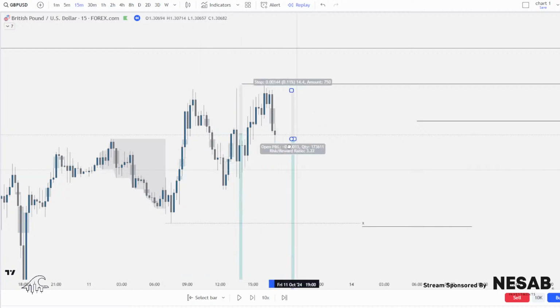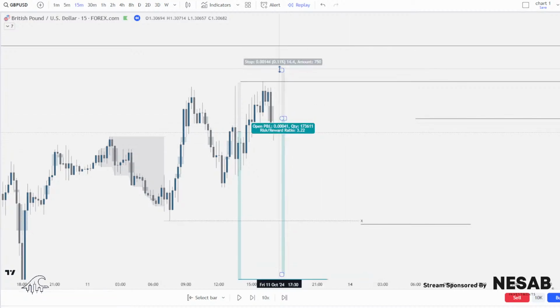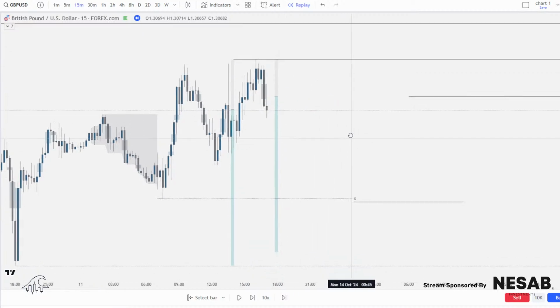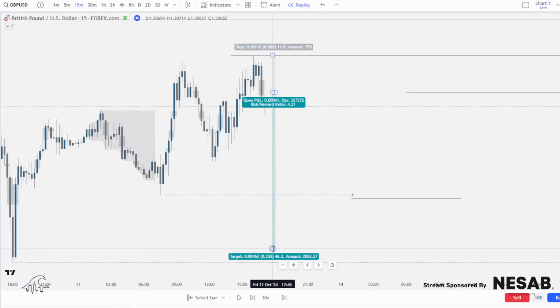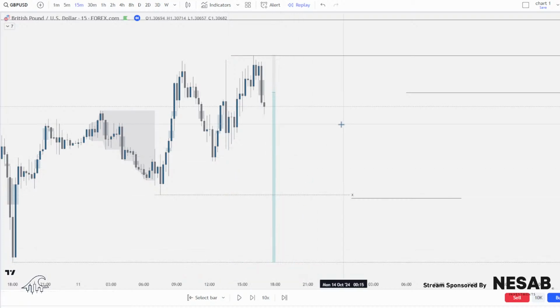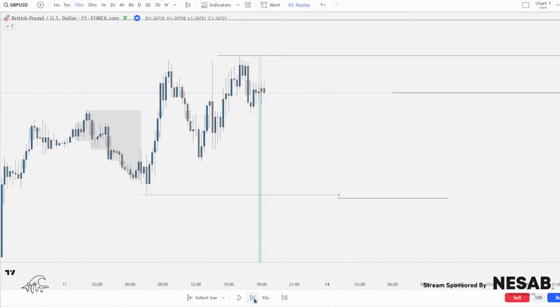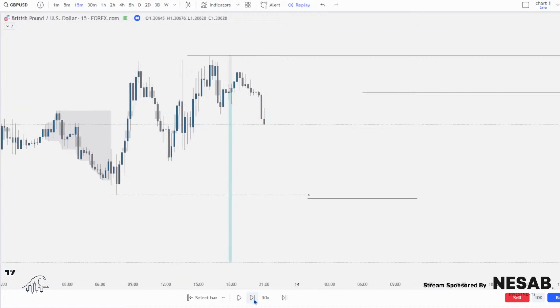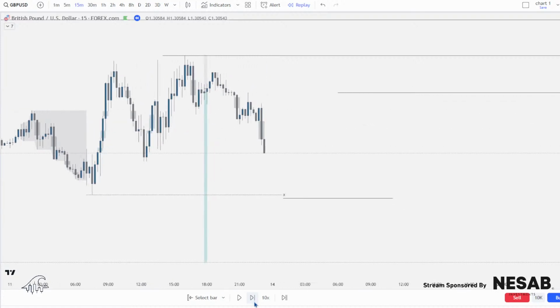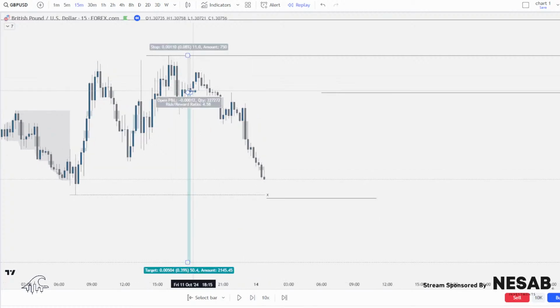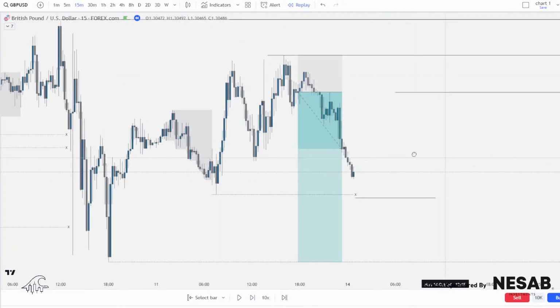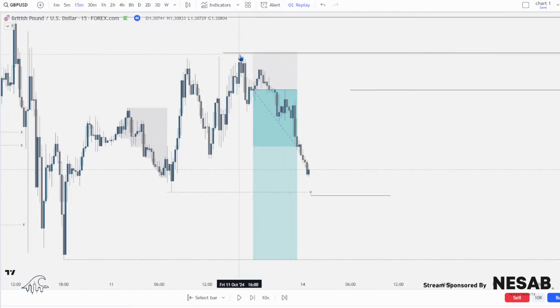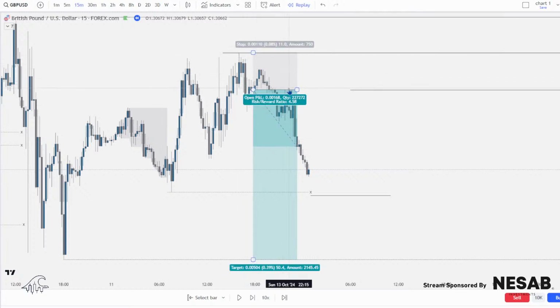It doesn't mean that it's going to work consistently all of the time, but it will work if you apply it in the right direction and in the right methodology. So let's see if it plays out from here. Okay, there you go. And in this case, the 15-minute was the time frame that decided it wanted to work the best. You can't predict liquidity sweeps at the end of the day.